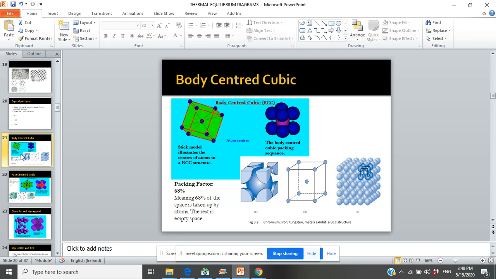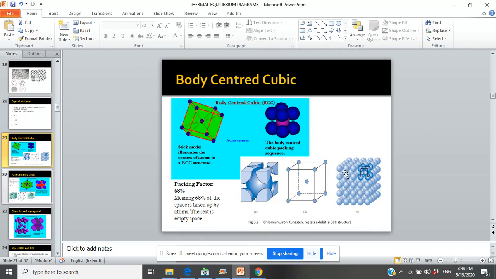As I said, if you're wondering how this happens, it depends on the metal. BCC metals are iron, titanium, brass and tungsten. All of them are hard, brittle, less ductile materials, and they form BCC.